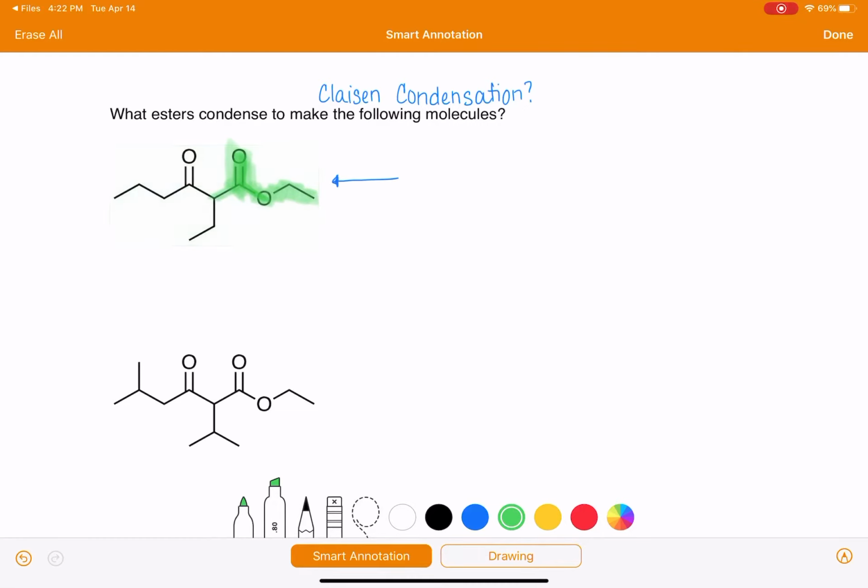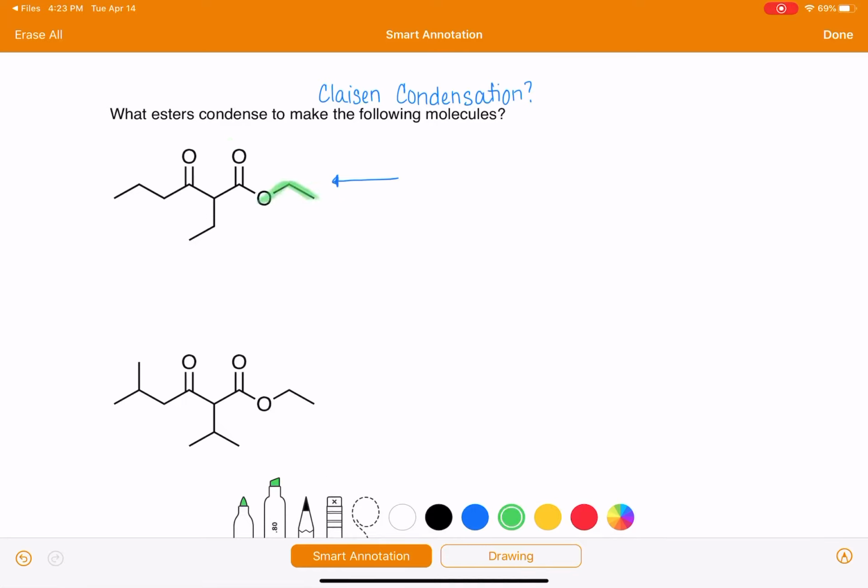So we're going to go down this way. We're just going to carry on. And when we come to a point where we have to make a decision, like where we are right now, do we continue to the next carbonyl group, or do we continue away down a different path? When we come to that point where we have to make a decision, we will continue away from the carbonyl group because we will remember that this is a combination of two esters.